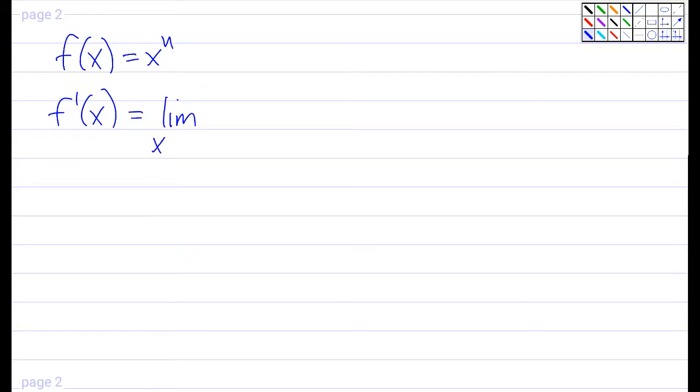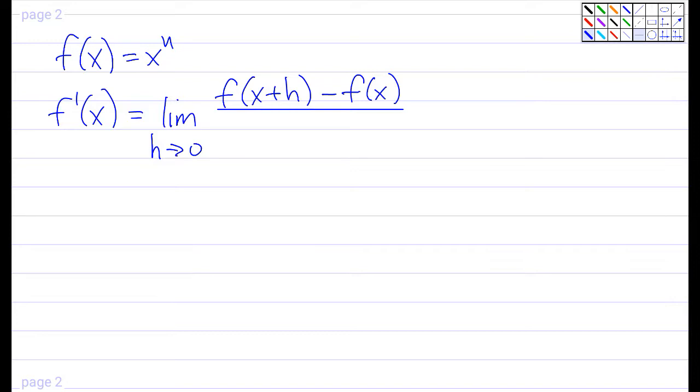Okay, let's do it. Remember how we calculate the derivative. F of x is x to the n. F prime of x is the limit as h goes to 0 of f of x plus h minus f of x, all over h.